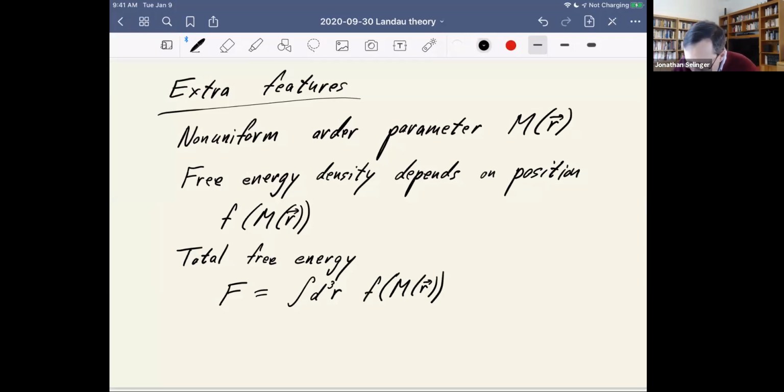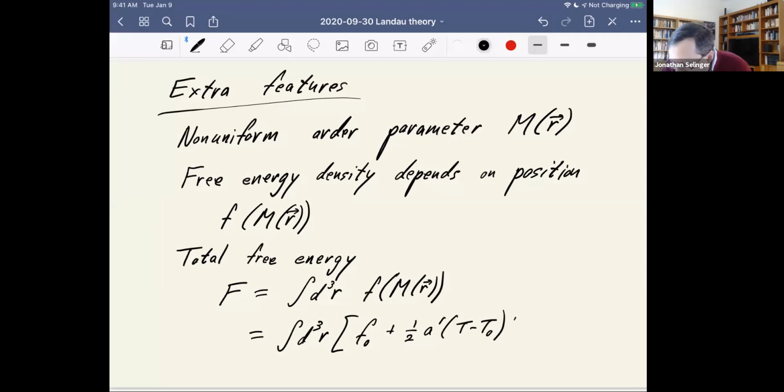All right, so we could say the integral over the whole volume of F0 plus a half A prime (T minus T0) M of R squared plus a fourth B0 M of R to the fourth plus higher order terms.